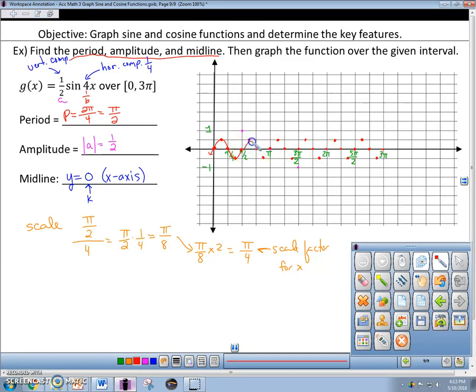All right, and then we complete our wave. And that is our g of x.